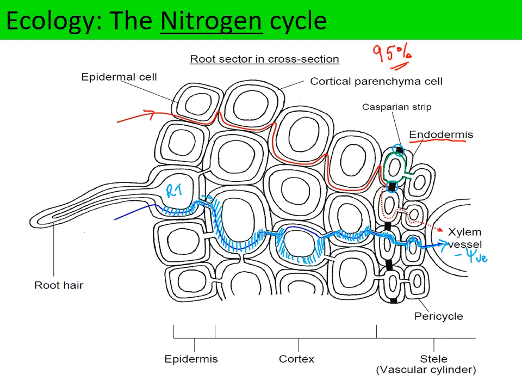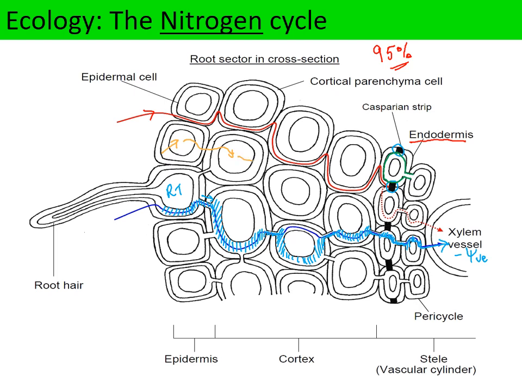Now, one other pathway we could mention is when mineral ions and water get into the cytoplasm, sometimes they move into the vacuoles. So this water can actually move through the cell wall, through the cytoplasm, and into the vacuoles, because we know these are large storage structures inside the plant cells, so they form a large part of the plant cell.